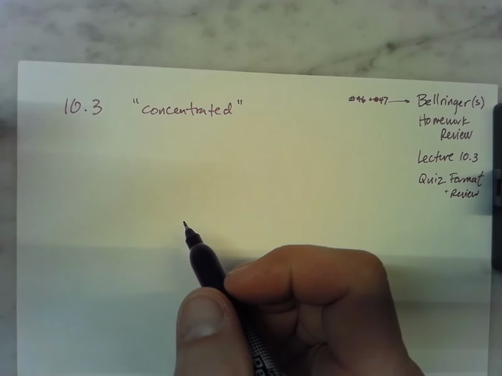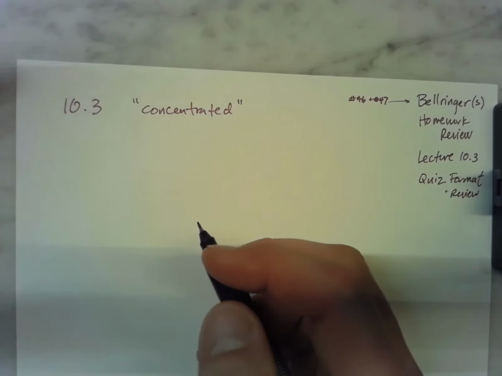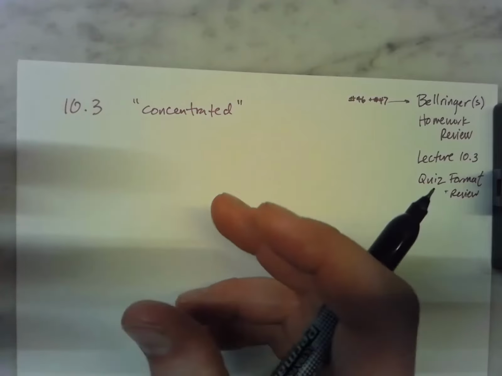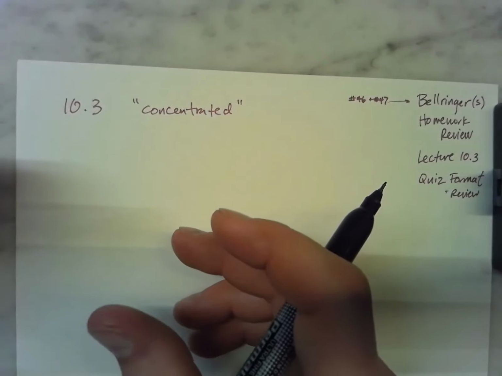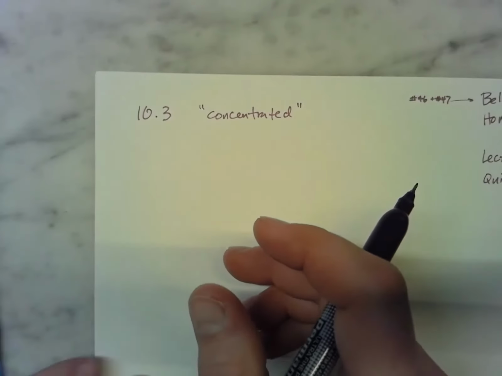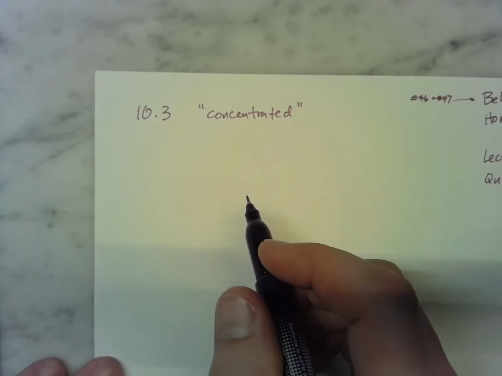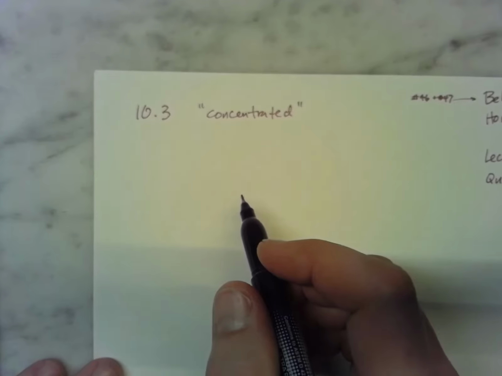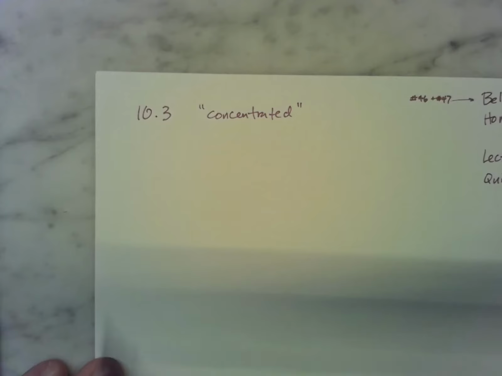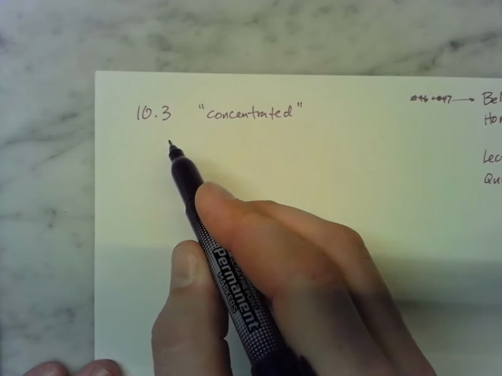Like concentrated orange juice is more concentrated than the way you normally drink orange juice, right? It's got more of the orange juiciness in it and less just water, right? Obviously that's not a very scientific way to go about talking about concentration. So we have a number of different ways that we discuss concentration, and I want to talk about some of these.